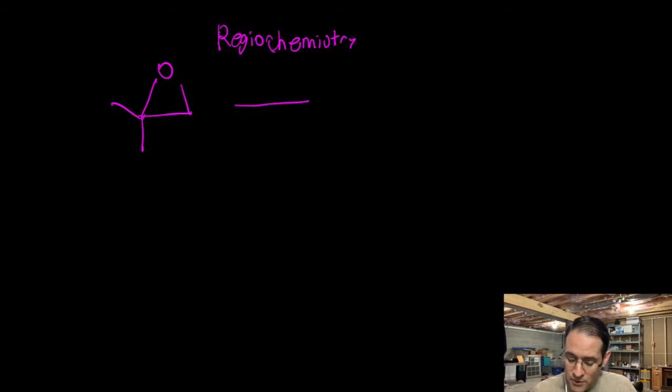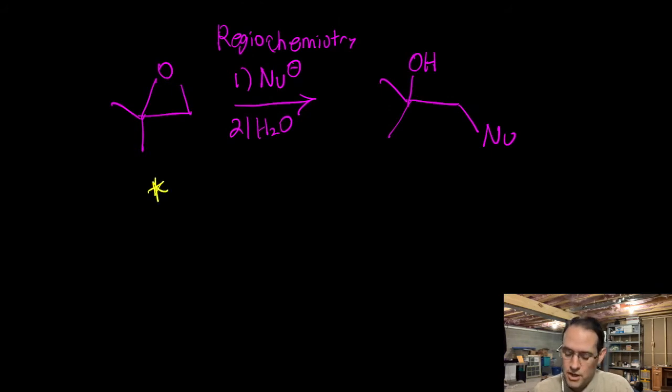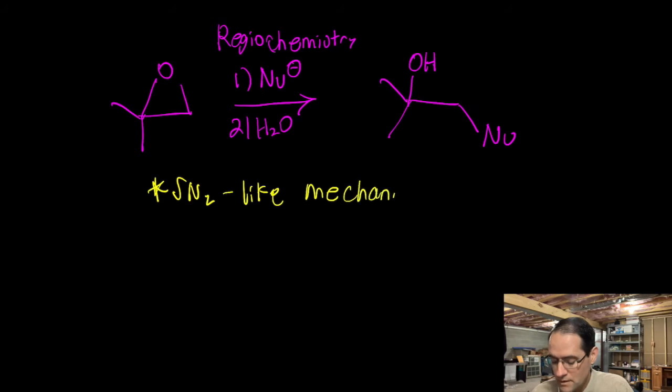So for example, if we have something like this, and we treat this with a negatively charged nucleophile, followed by addition of water, we see that the nucleophile attacks the less substituted carbon atom. Okay, attacks the less substituted carbon atom. Now the reason why is because it goes through an SN2-like transition state. I'll just say mechanism here.